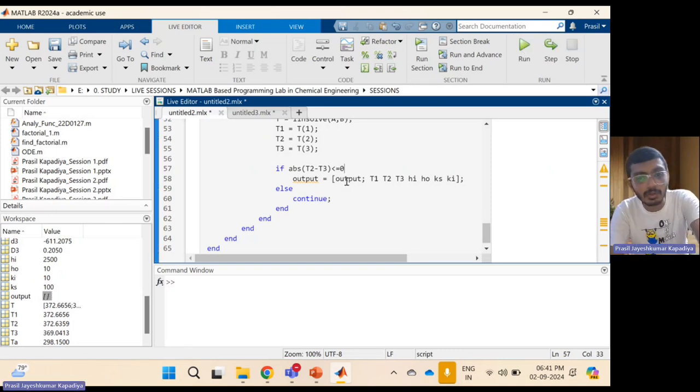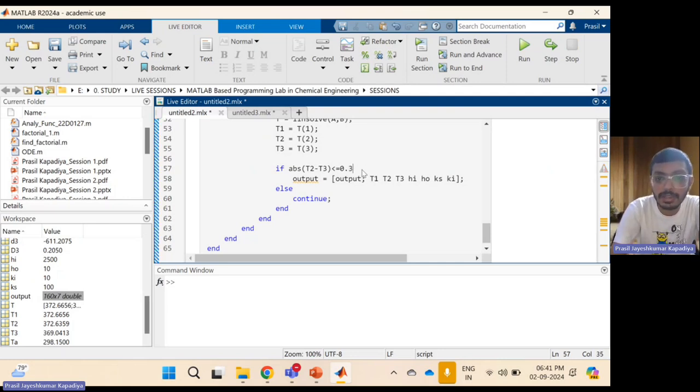For exactly 0, there is no solution. Let's say 0.1. No solution. 0.2, no solution. 0.3, no solution. 0.4. For 0.4 there are 160 solutions.